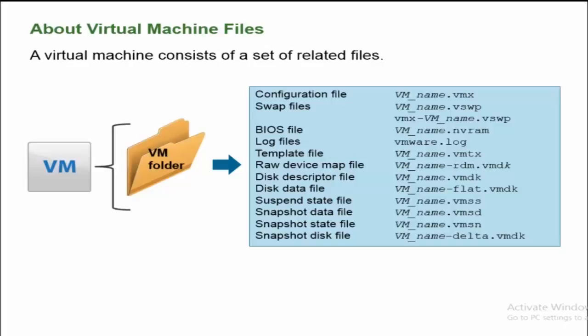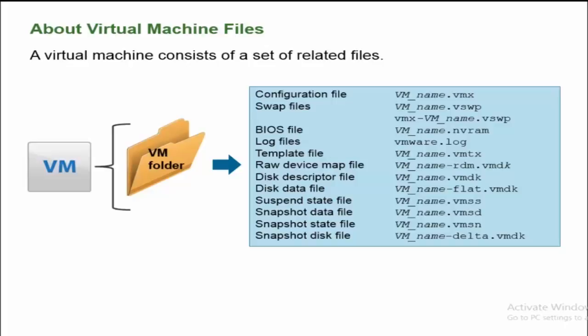Yes, yes. And then we have a template file, that is the .vmtx file. When you create a virtual machine template, then this file gets created. Then we have a raw device mapping file, which is RDM, that means a raw LUN, which is directly mapped.